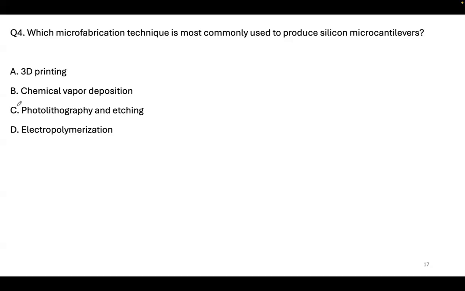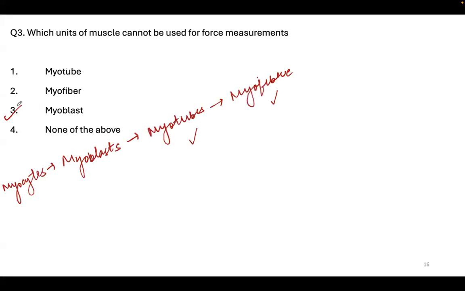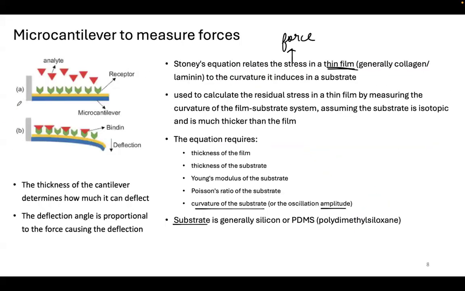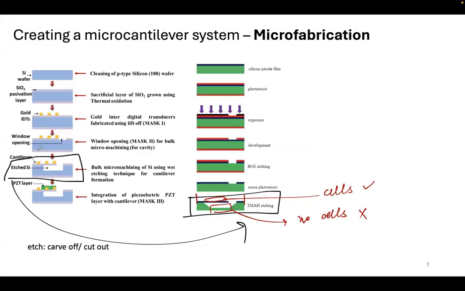Again, I have very little idea about this, but mainly why it's called photolithography is, if you see here, there are some masks used. On top of this, you put a mask, which is like the opposite of the structure that you want.